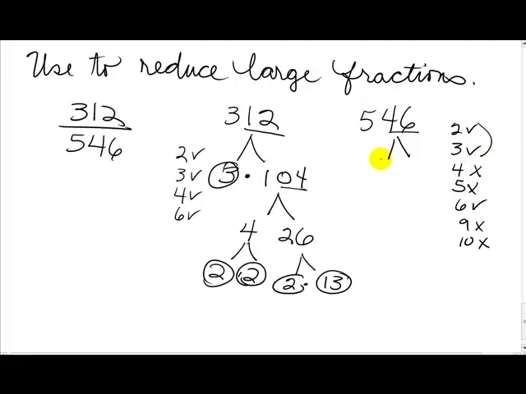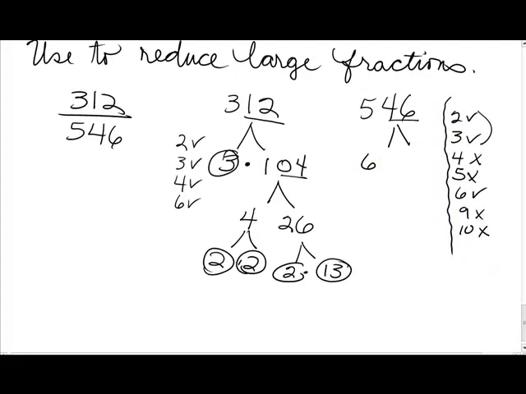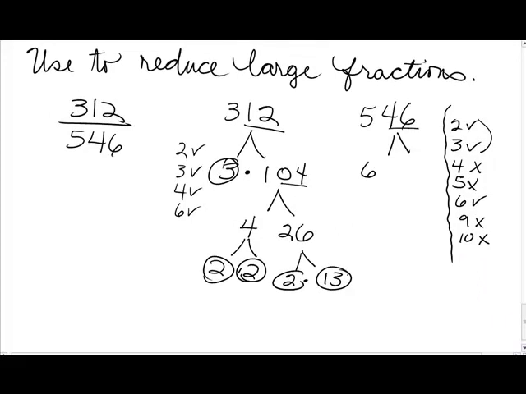So I think I'll start with 6 this time. Kind of do me a little squiggly line to keep it out of the way. 546. Now, I may have to grab my calculator and divide that, or come over to the side. 546 divided by 6 is 91.